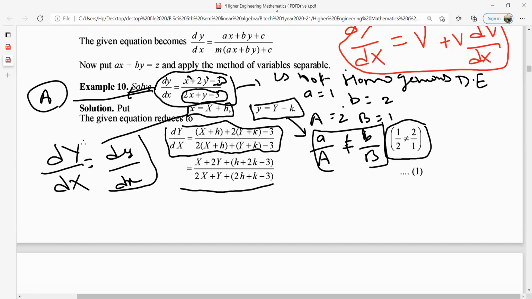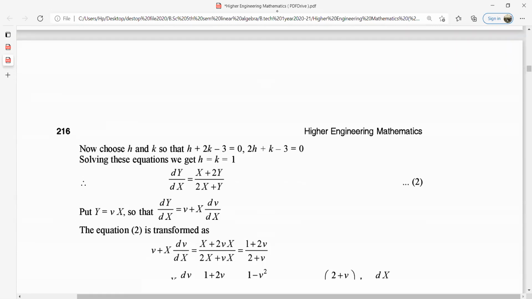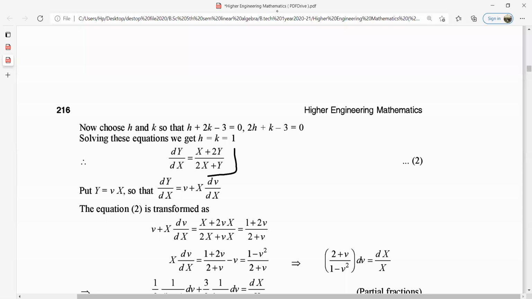So after that, I'm saying that the constant part taking separately equal to 0, and also this constant part taking separately equal to 0. And our new differential equation can be rewrite in this manner.